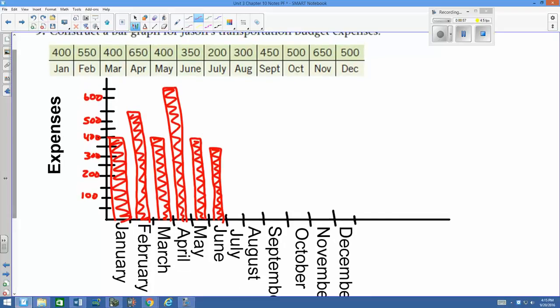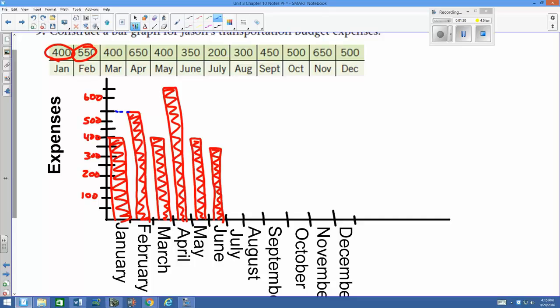So January was 400. So I'm going to go up about to 400 and make a box. Then February was 550. So I'm going to go up to 550 and make a box there.